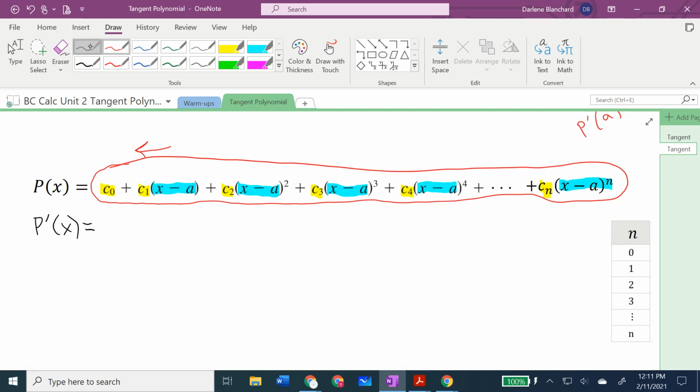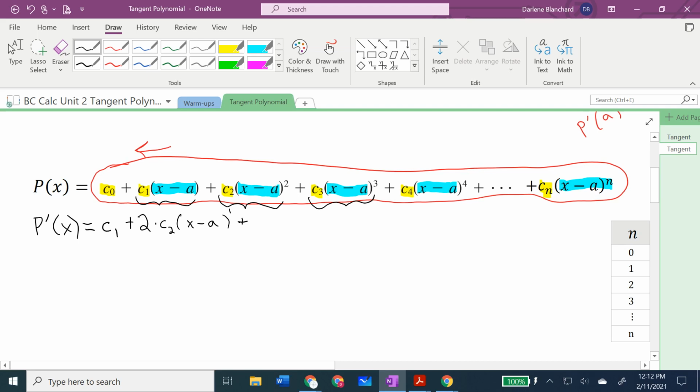And then the term here, what is its derivative? Just coefficient C sub 1. And then for the next term, when I take the derivative, I'm going to get 2 times (x minus a) to the 1 power multiplied by the constant multiple. And then the derivative of x minus a is just 1, so C sub 2.